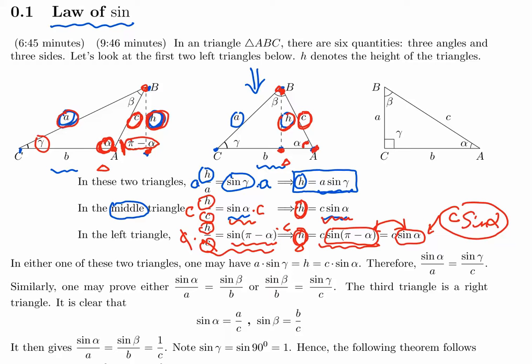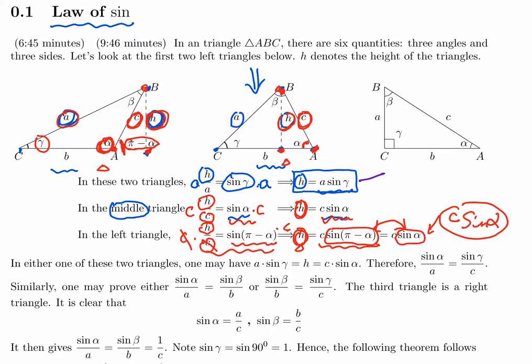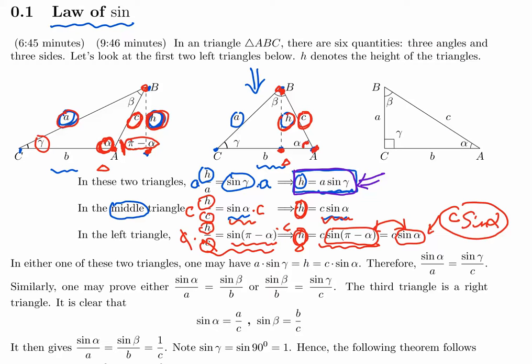All right. So then you see, consider the first case, which is this case, H equals A times sine gamma. And then in the second case, we also have H equals C times sine alpha.